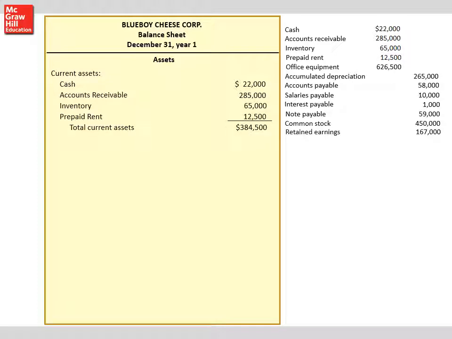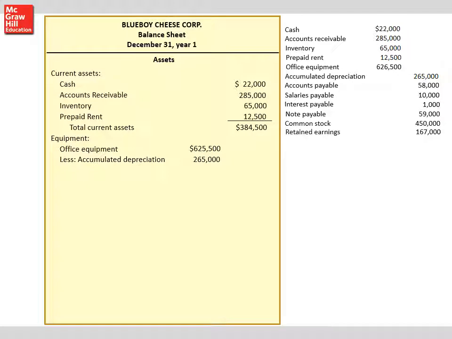Then we start with our other categories. Now, the only other category of asset here is equipment or plant assets, office equipment. We present that dollar amount and we subtract from it the contra that we've been collecting information in about the office equipment. So this is saying we have office equipment that cost us $625,500.